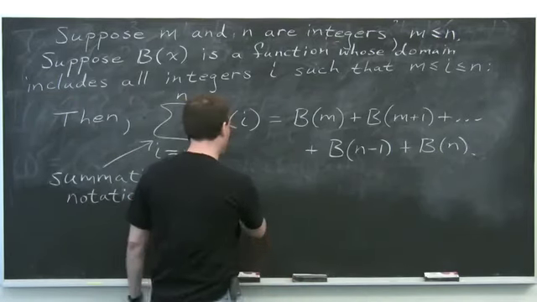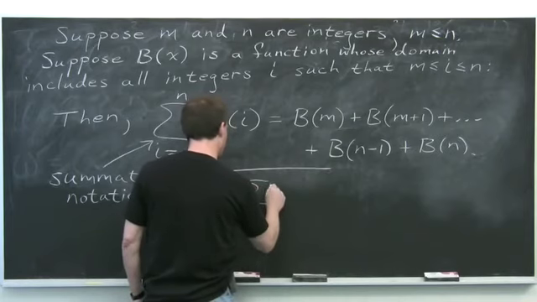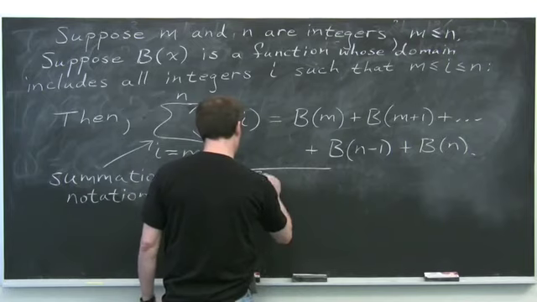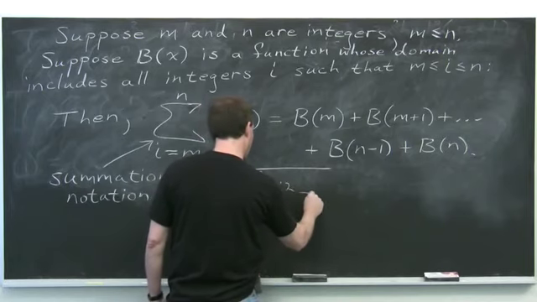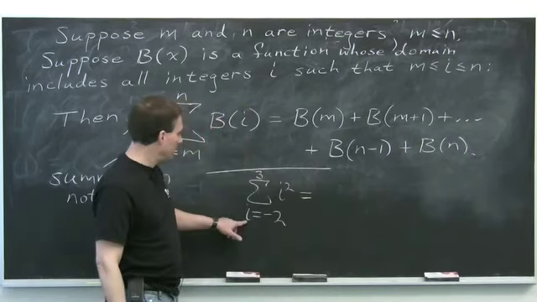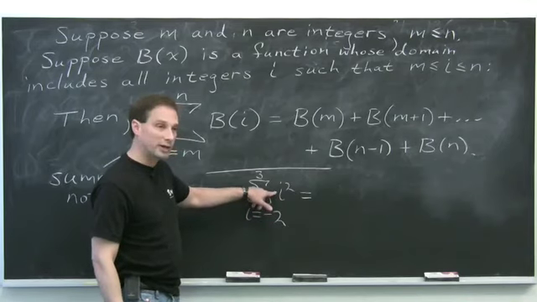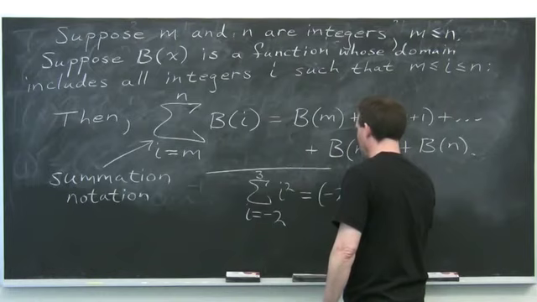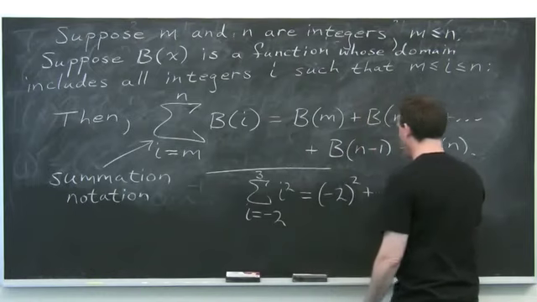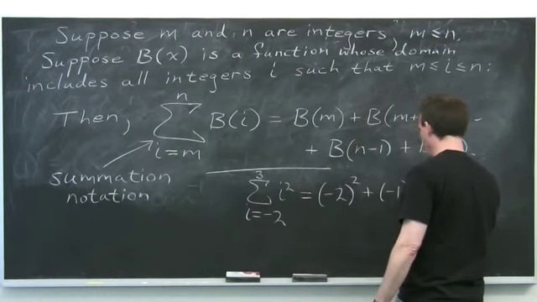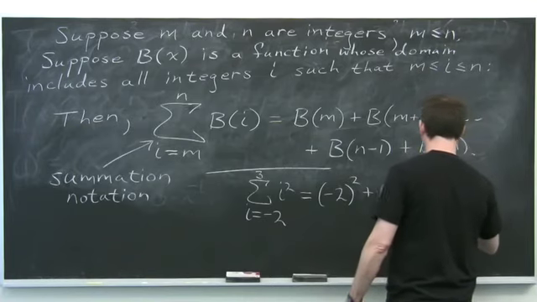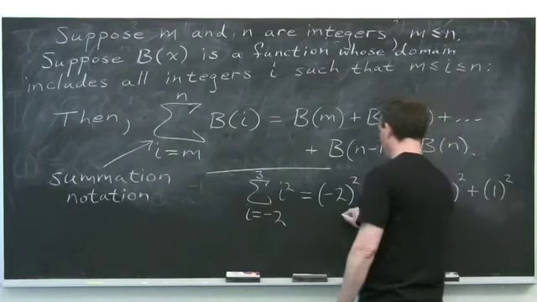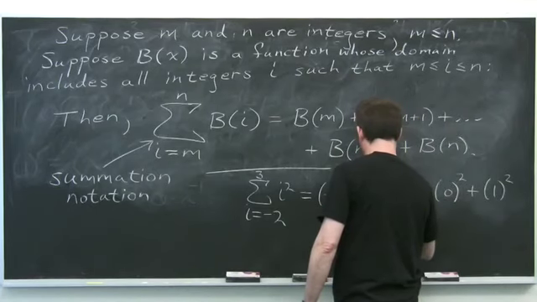So as an example, if you had the sum as I goes from minus 2 to 3 of I squared, what does that mean? It means first I is minus 2, and you plug it into here and you square it. So you get minus 2 squared, and you add to that what you get when I is minus 1 squared, plus I goes up again to 0, 0 squared, plus 1 squared, plus 2 squared, plus 3 squared.